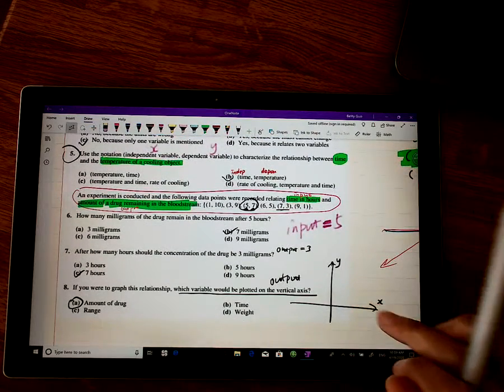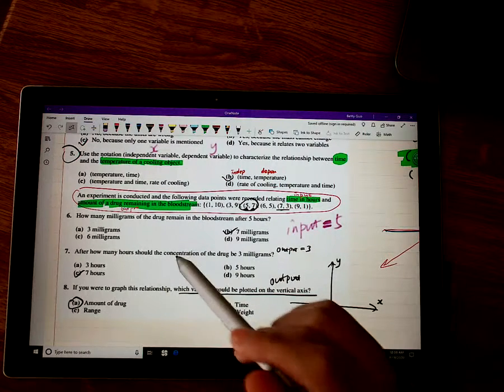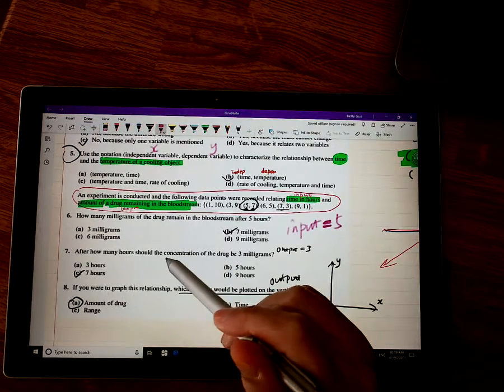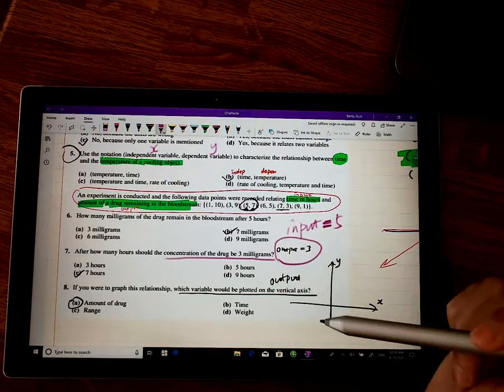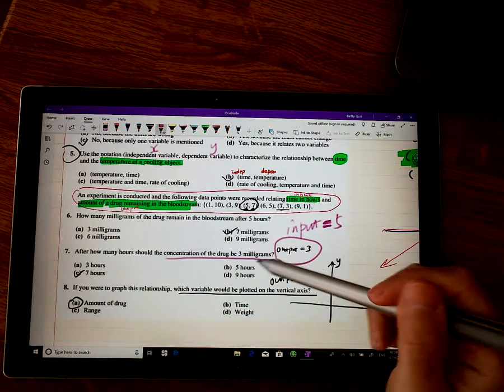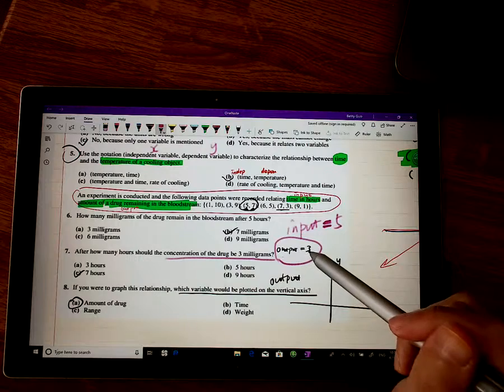Number 7, after how many hours should the concentration of the drug be 3 milligrams? So we are told the output. We know the output is 3 right now. We need to find the input that gives the output 3.